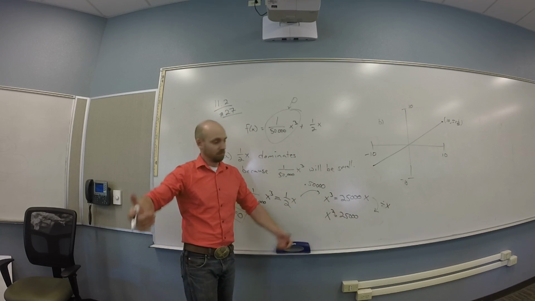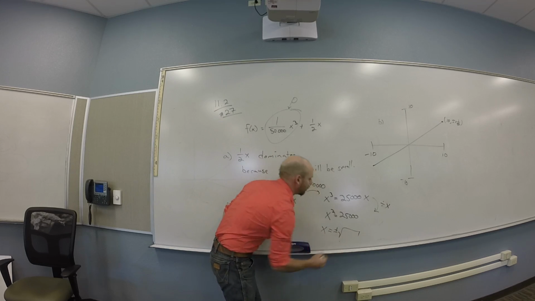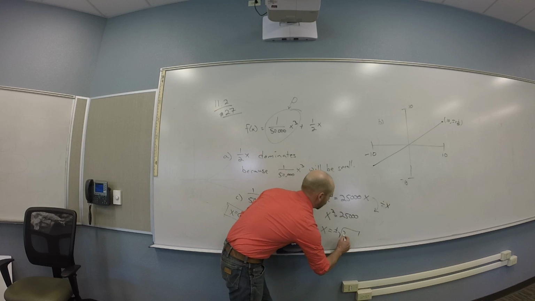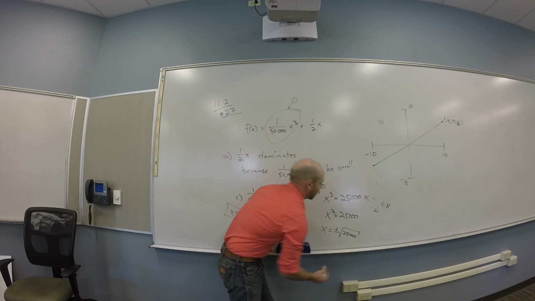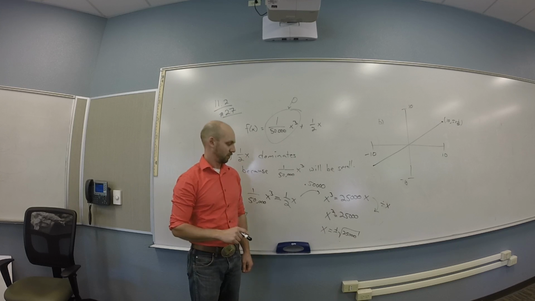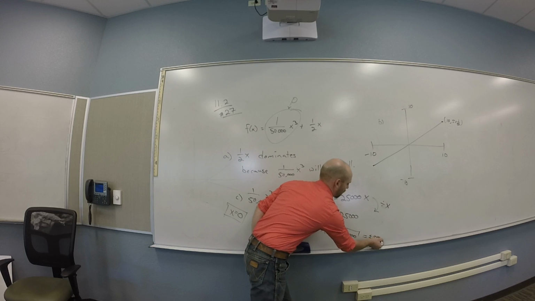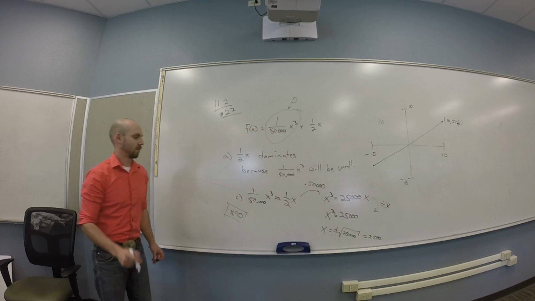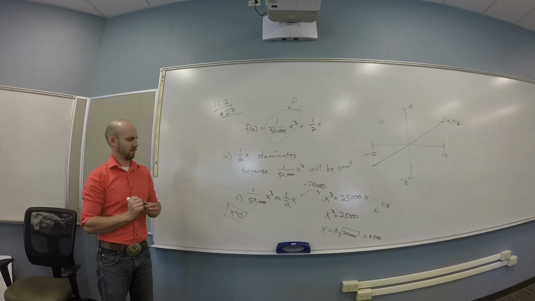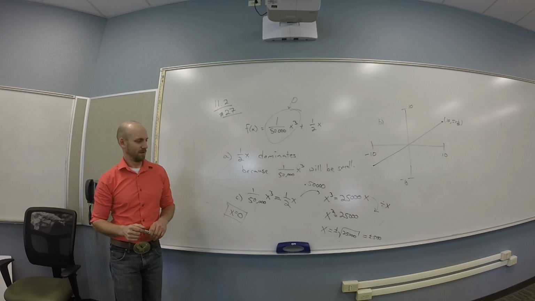You want to square root it or no? Yeah, let's square root it. So x is plus or minus the square root of 25,000. Which is 500. Wait. Sure.